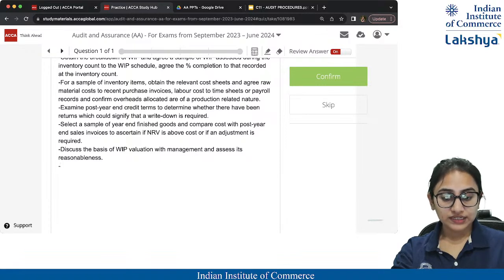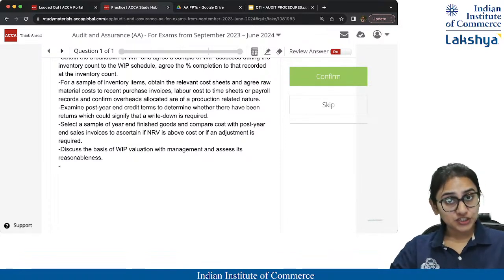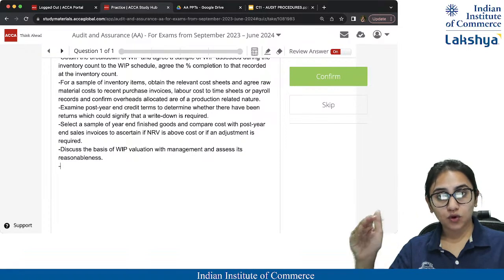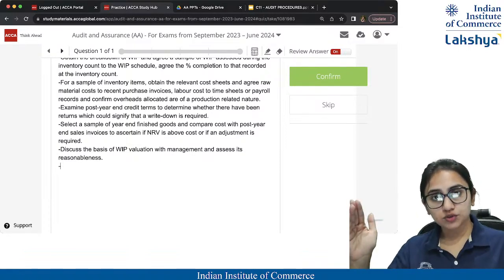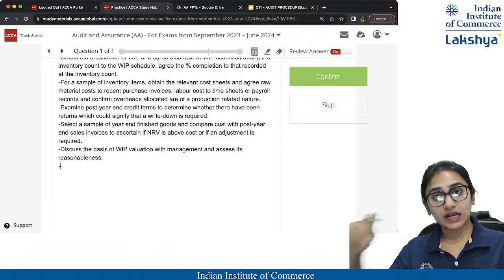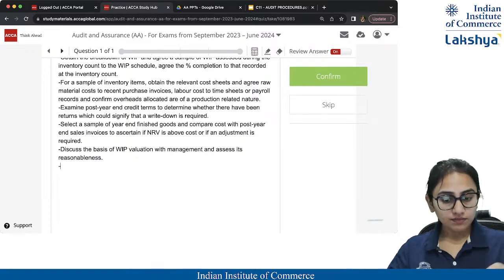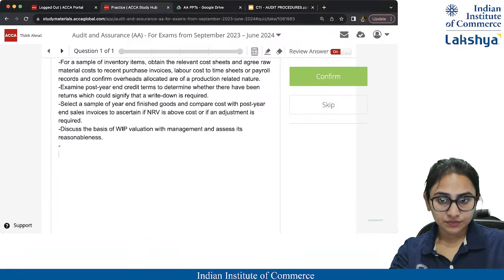Then you know that in a particular business, if there is any old, aged inventory, slow moving inventory, then it needs to be written down, because inventory is valued at the lower of cost and NRV. Usually cost is lower, but when you have old inventory, the NRV becomes less because it is obsolete inventory. So for aged inventory, review aged inventory reports and identify any slow moving goods.